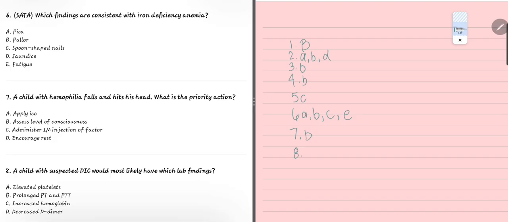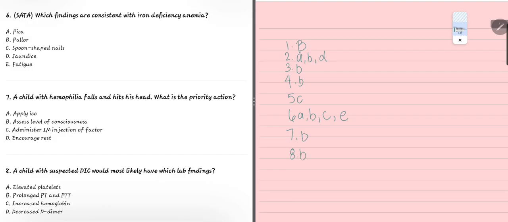Okay, so I'm pretty sure it's increased D-dimer, so I'm not going to choose D. I don't think it would be elevated platelets. I think it would be B, prolonged clotting times, maybe? I'm going to choose B, I don't know.